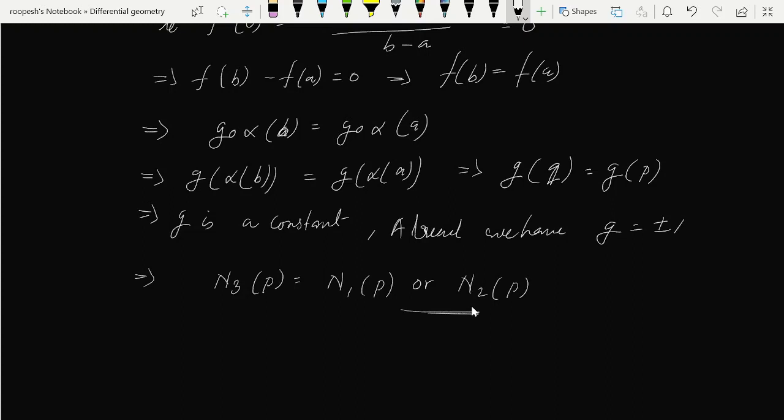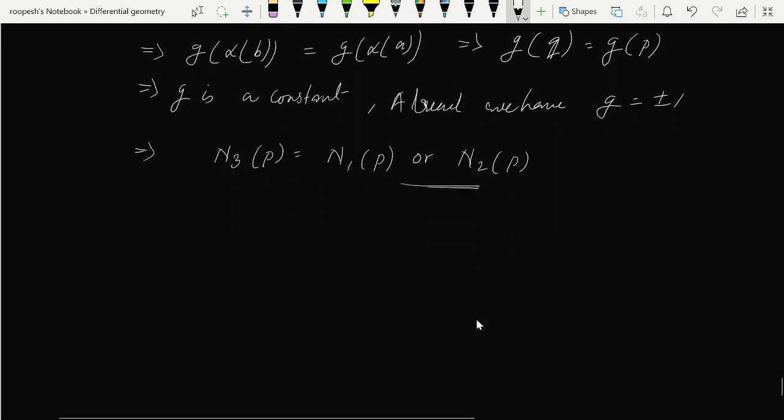So your n3 is nothing but n1 of p or n2 of p. So hence the theorem. We have proved that whenever a surface is a connected one, we can have two orientations on it.